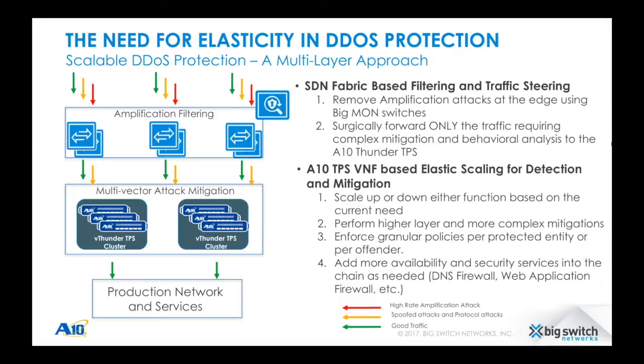And finally, adding more availability and security services into these service chains, such as A10's DNS firewall or web application firewall, even DNS caching and HTTP caching. These are all functions that we employ in this availability plus scrubbing center that we're looking at based on the BIGSECURE architecture. Next slide.